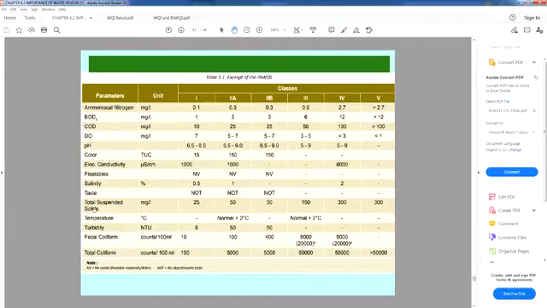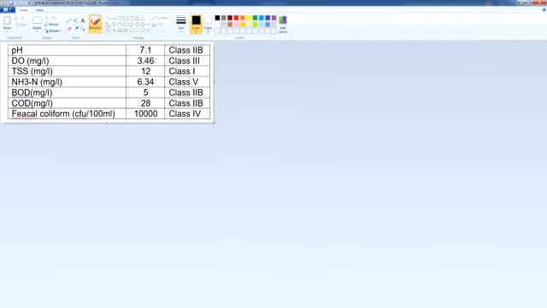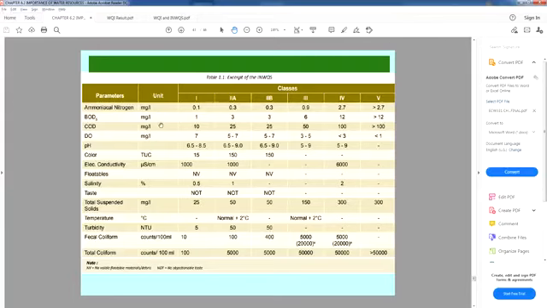This one, 12, so it is in class 1. Class 1 means in terms of total suspended solid it is quite good, it is clean from total suspended solid. DO in class 3 is just so-so.